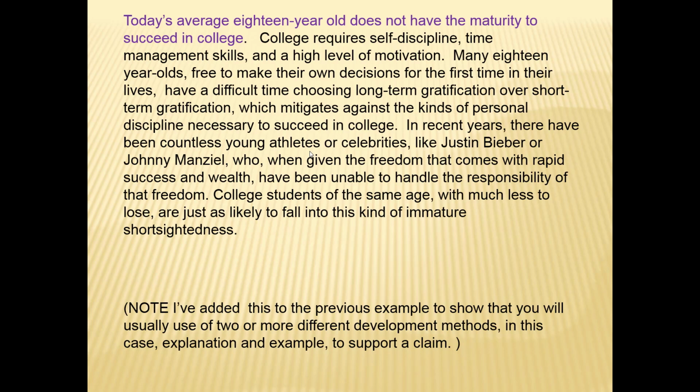College students of the same age with much less to lose are just as likely to fall into this kind of immature short-sightedness. So if up here I'm saying, look, it's hard for young people to think long-term, they like to think about short-term gratification, well, here are some examples of young folks in the public eye who have not thought long-term. They've thought about the short-term gratification.